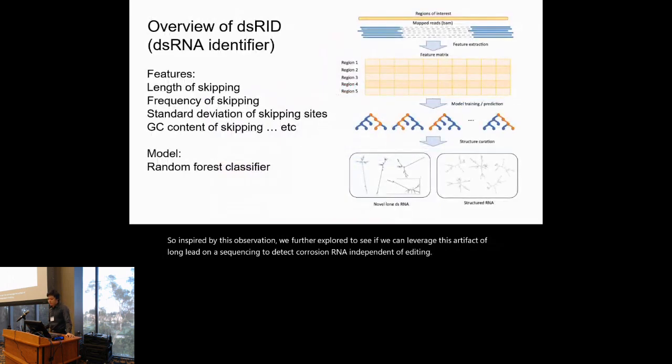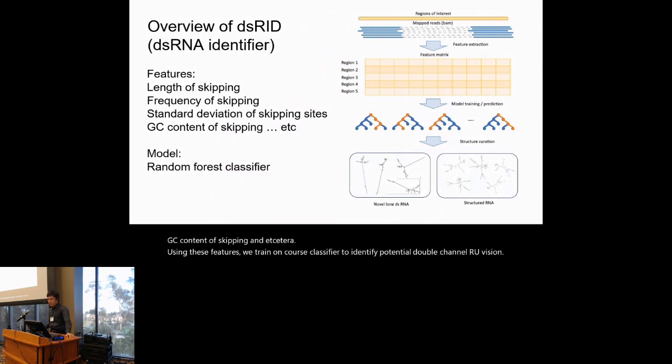So we developed dsRID, short for double-stranded RNA identifier. Using the mapped reads from long-read RNA-seq, we extract features that are related to stochastic skipping, such as length of skipping, frequency of skipping, standard deviation of skipping sites, GC content of skipping, and so on. Using these features, we train a random forest classifier to identify potential double-stranded RNA regions.